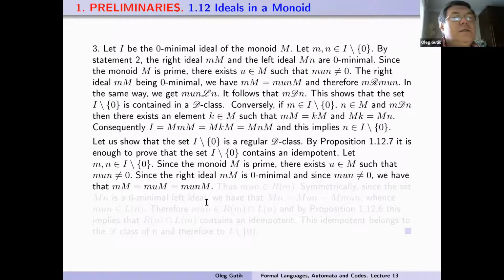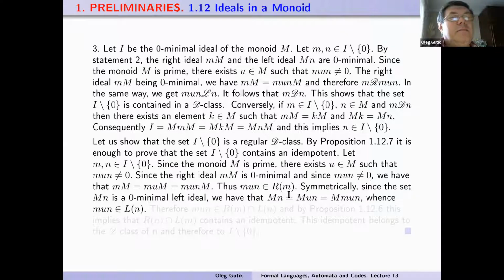Since the right ideal M capital is zero minimal, and since MUN is not equal to 0, we have that M capital is equal to MU M capital, which is equal to MUN capital. Thus, we get that MUN belongs to the R class of the element M.